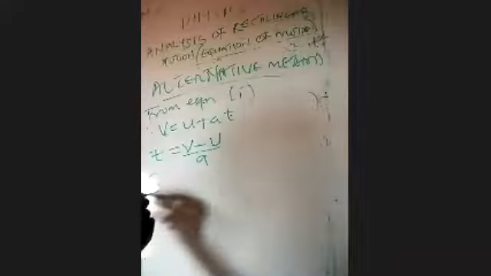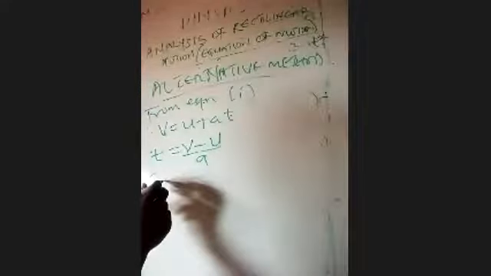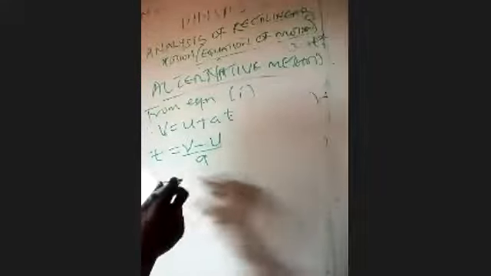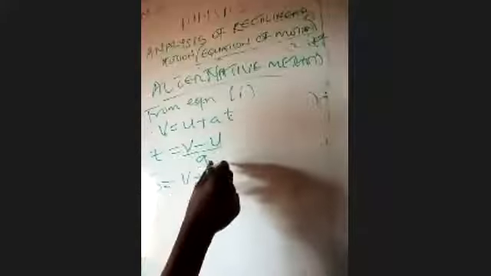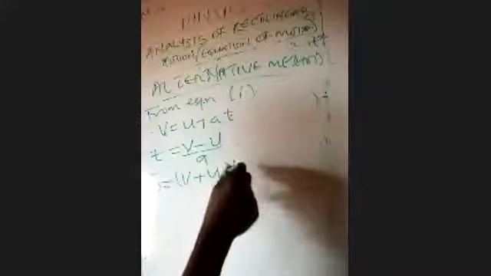But our speed will be equal to v plus u, average speed, all over 2. Remember average speed. So our average speed is equal to v plus u times t, or average velocity, I mean, all over 2.